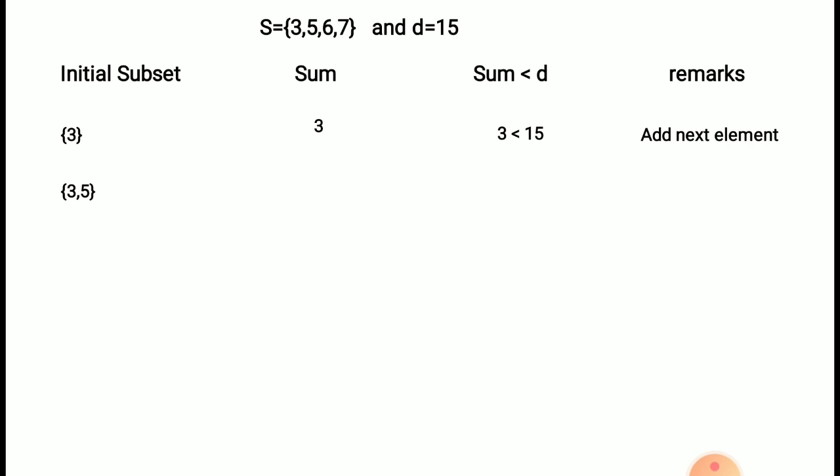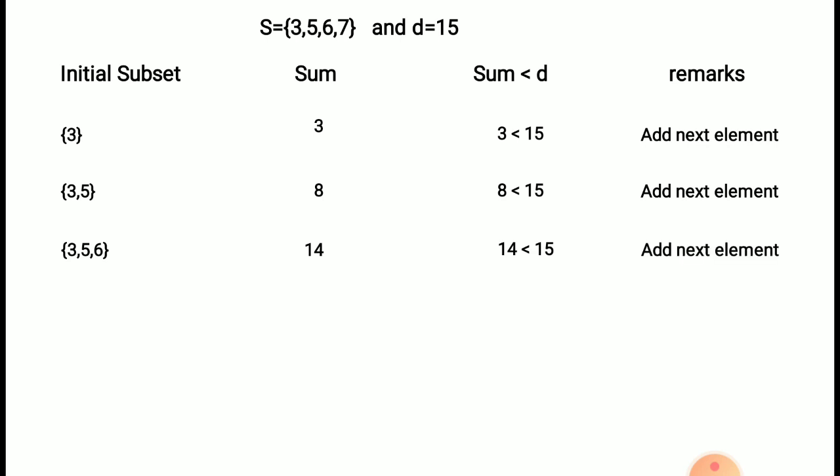The next element is 5. Sum is equal to 8, that is 3 plus 5, and 8 is less than 15. We can consider the next element. So take 6 and the sum will be 14, 8 plus 6, and 14 is also less than 15, so add the next element.